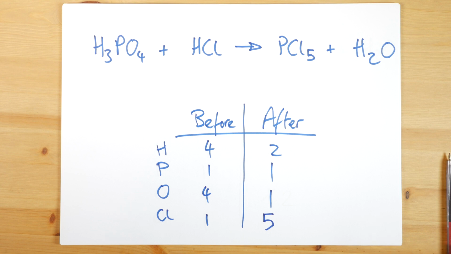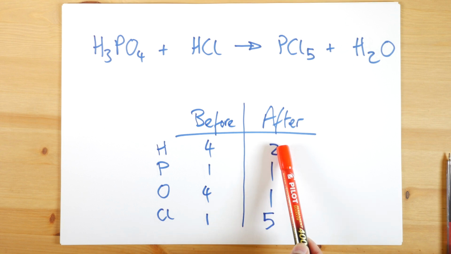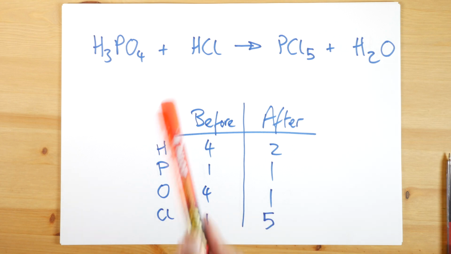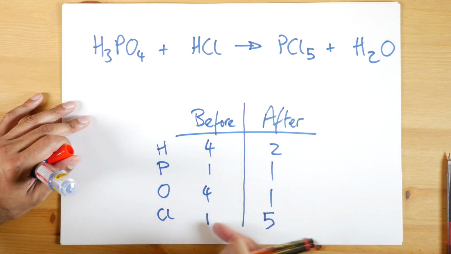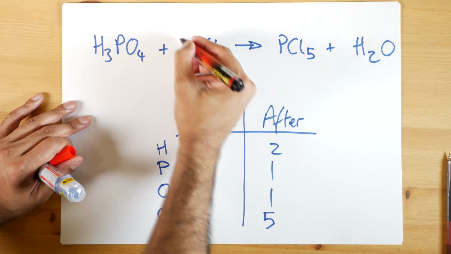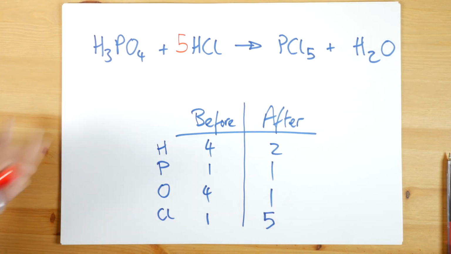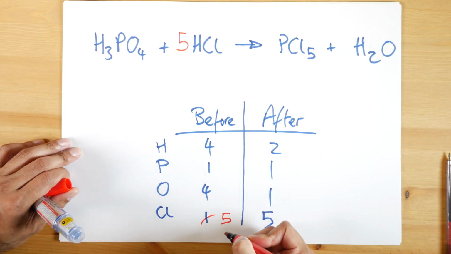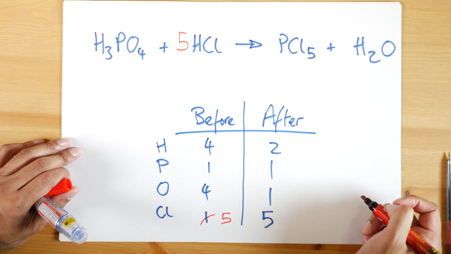What we've got to do is decide, okay, well, we've got to change this one here, this one, and this one. Since this is the biggest difference, I'm going to go right ahead and change the chlorine one first. So if I've got 5 of them after, of course I need 5 of them before. Okay, so this is going to change that to 5, but it's also going to change the hydrogens.